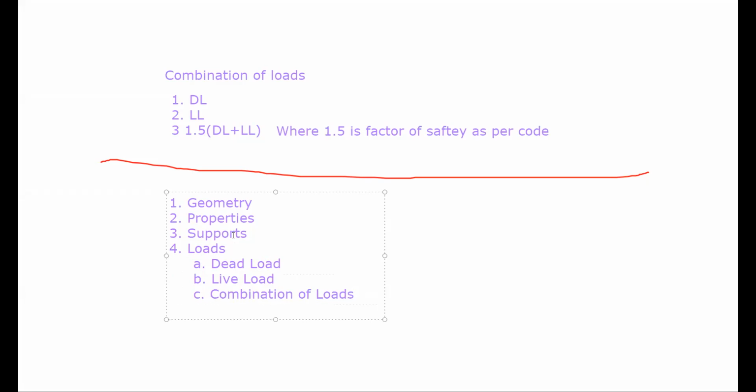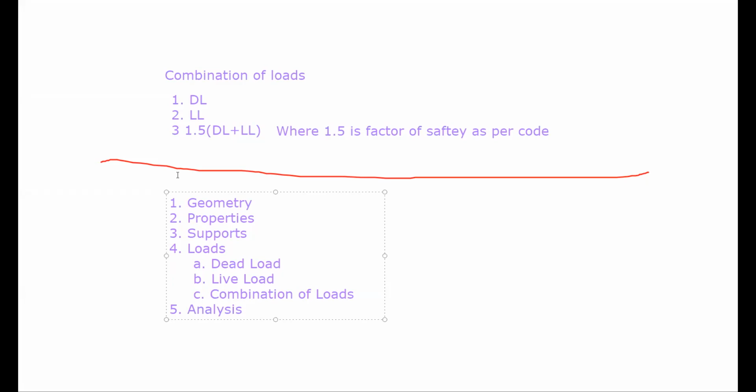Okay. Then the fifth point is what? After giving the loads, with geometry and properties completed, what is the fifth point? So the fifth point is analysis. Directly you can go for analysis.